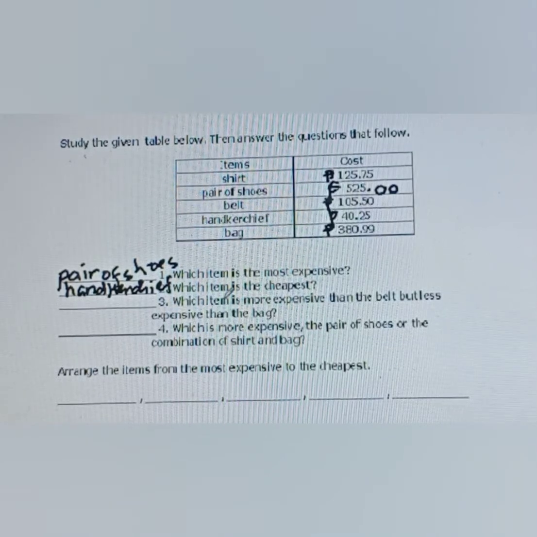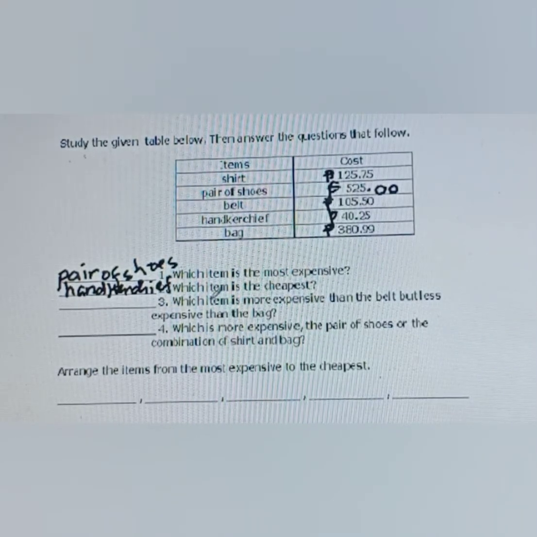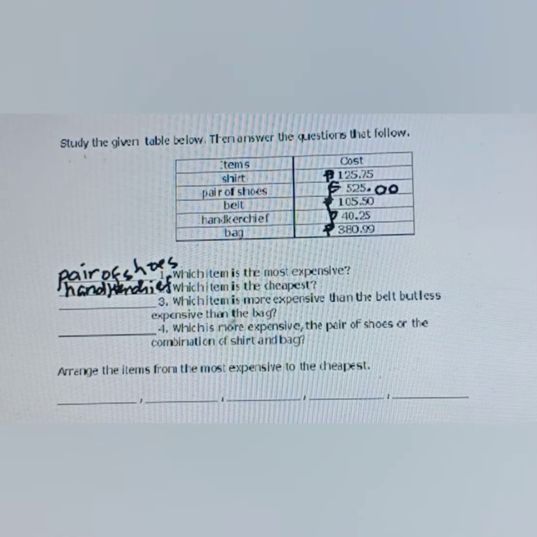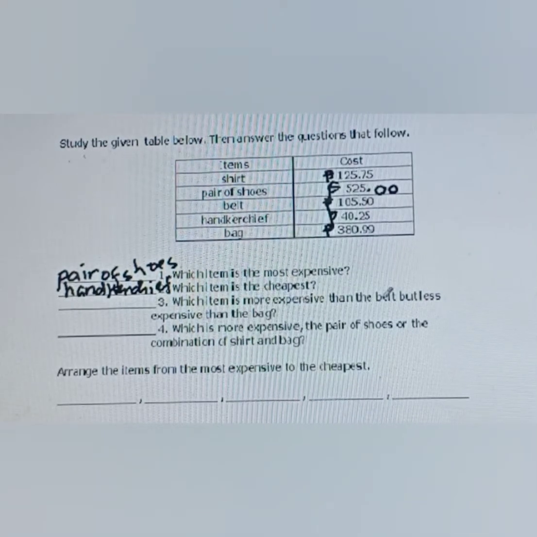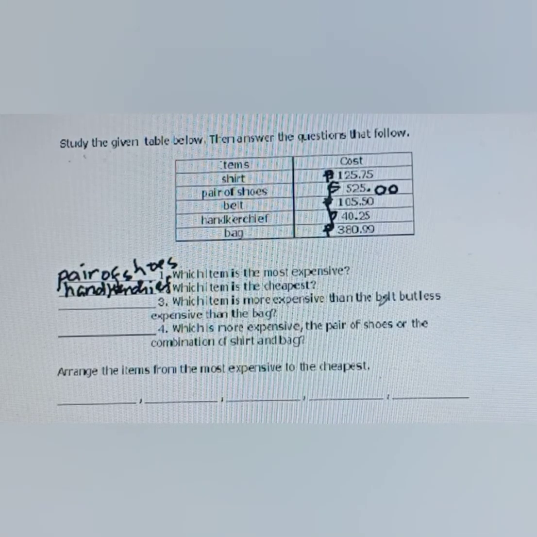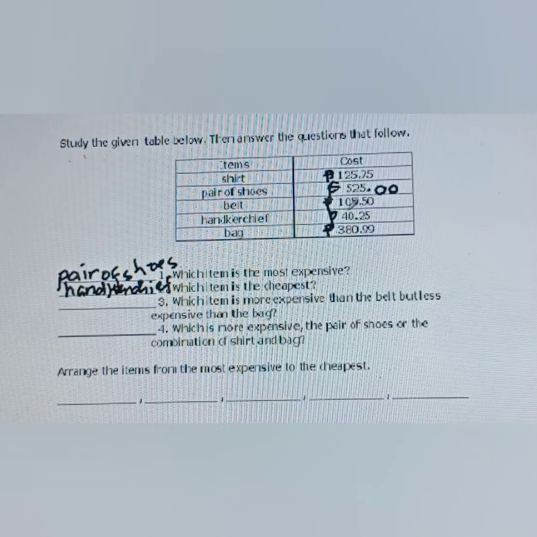What about number 3? Which item is more expensive than the belt but less expensive than the bag? So let's check first the belt. The belt costs 105. So bigger than 105 is 125.